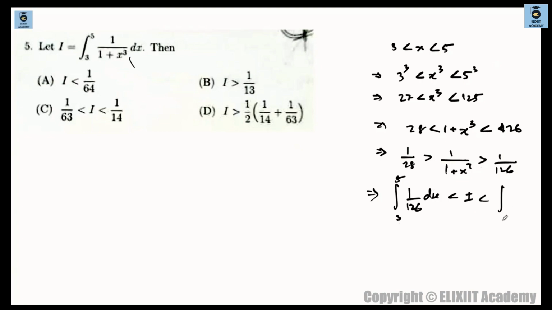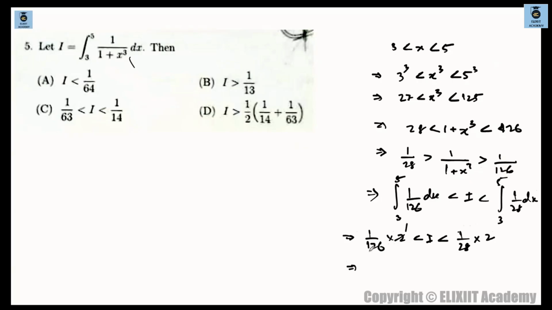And this will finally be integral 3 to 5, 1 by 28 dx. So we are taking integral on all three sides. So this will become 1 by 126 times 5 minus 3, which is 2, less than I, less than 1 by 28 times 5 minus 3, which is 2.